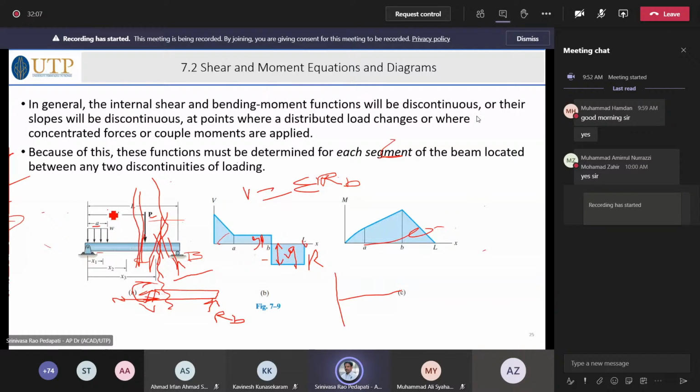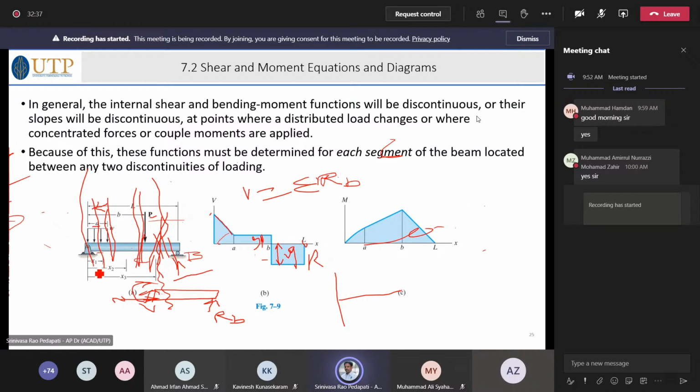Until this point there are no changes: upward 9, downward 12, therefore net 3. Then further on it comes as a function of x. If you are at a distance of x from here, the load acting at this point is ax, proportional to x until the end.